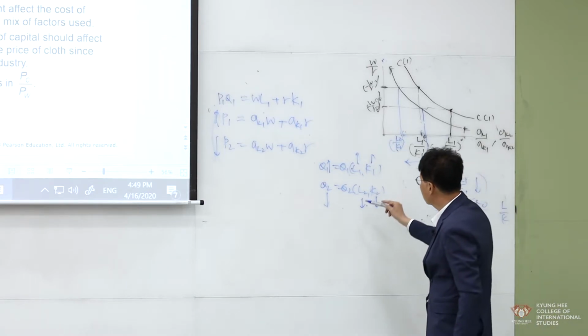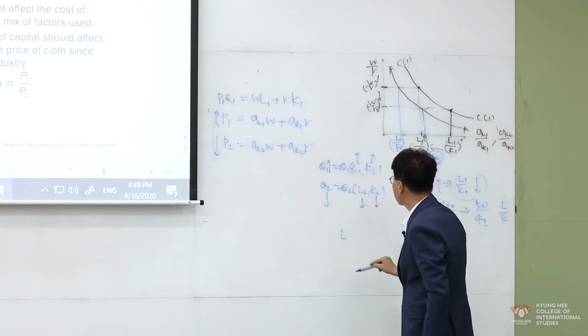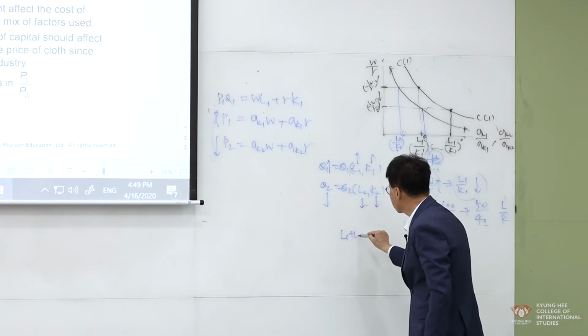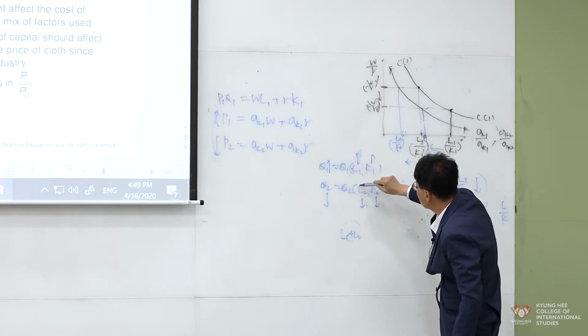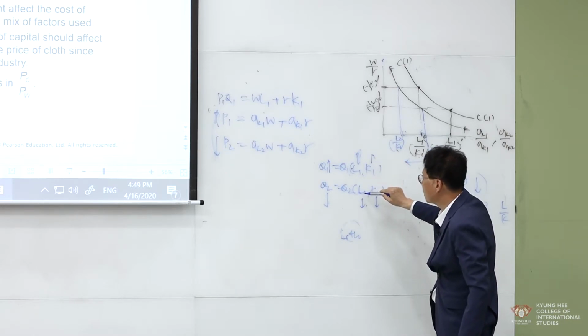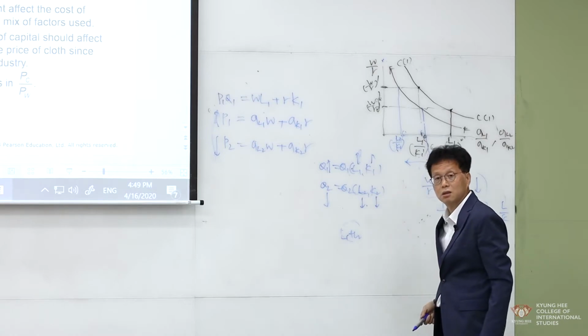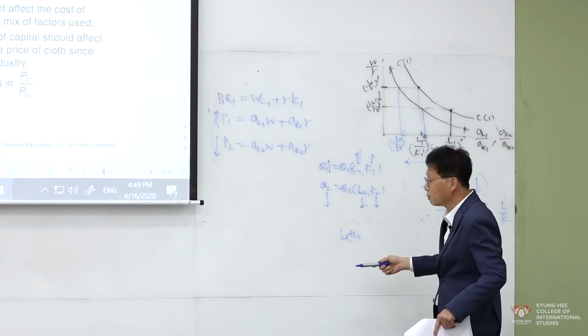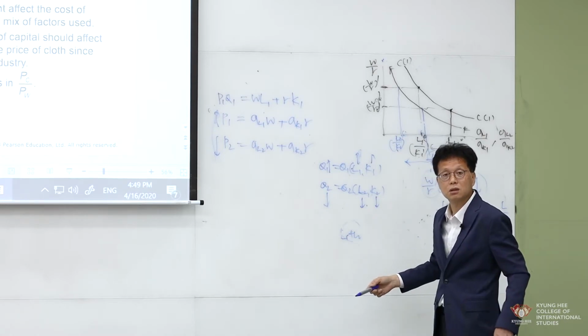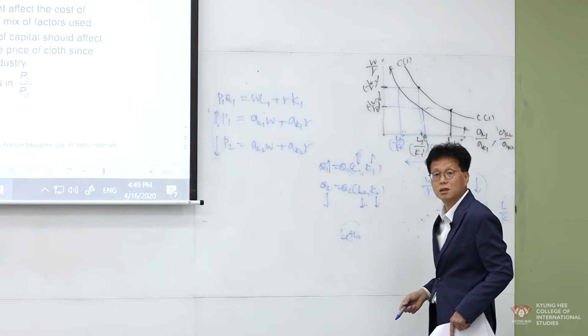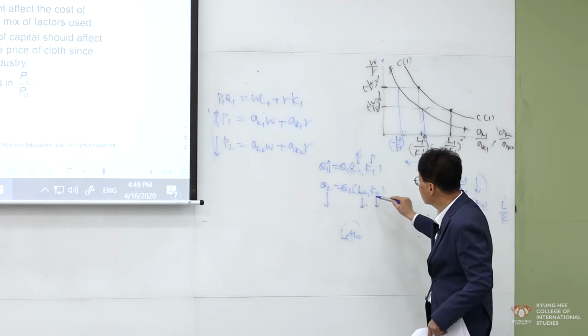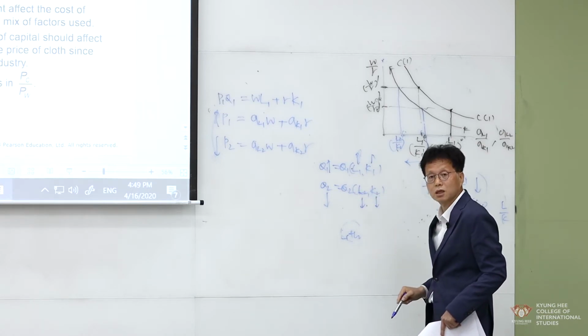Then what happens? Demand for labor is L1 plus L2, isn't it? L1 increases, but L2, demand for labor in sector 2, decreases. In sum, does demand for labor increase or decrease in home? Increase. Why? Q1 is labor intensive, and Q2 is capital intensive, labor scarce.